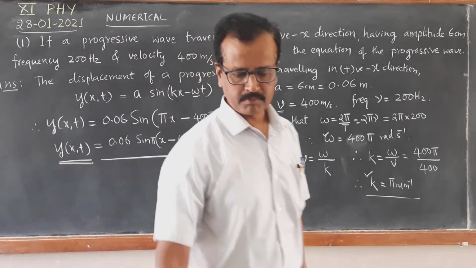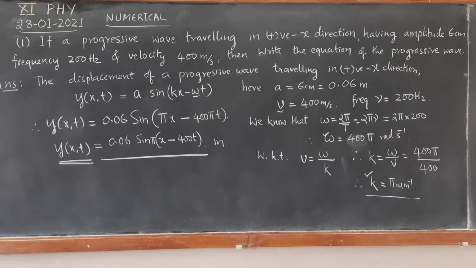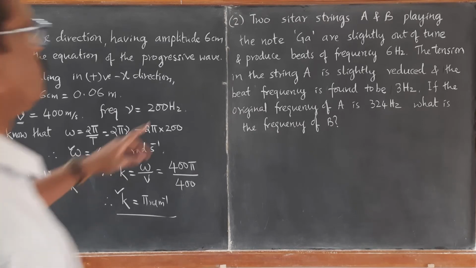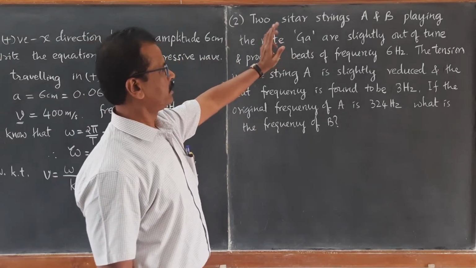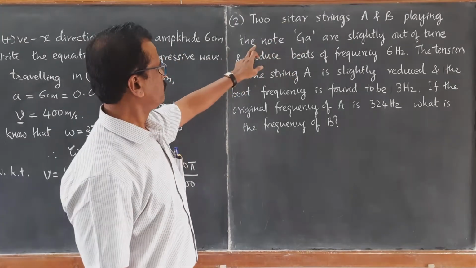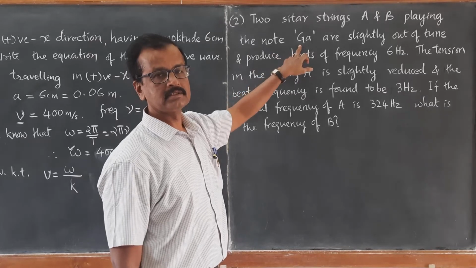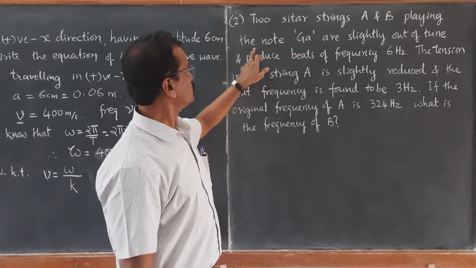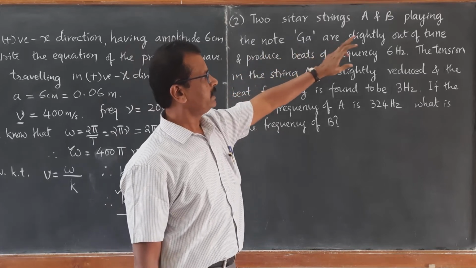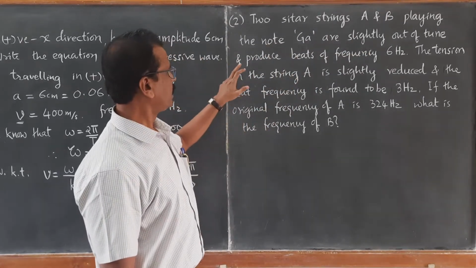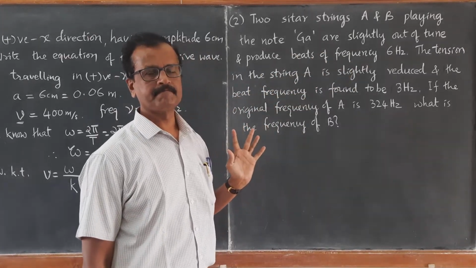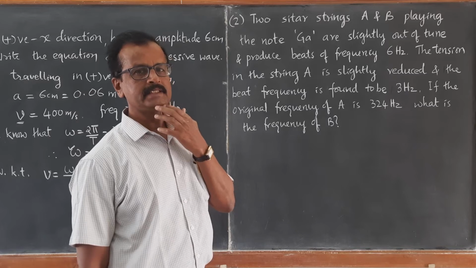Now let us see one more problem. See the second problem. Two sitar strings A and B playing the note G are slightly out of tune and produce beats of frequency 6 Hz.